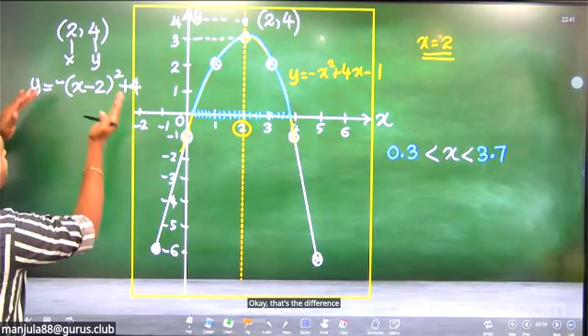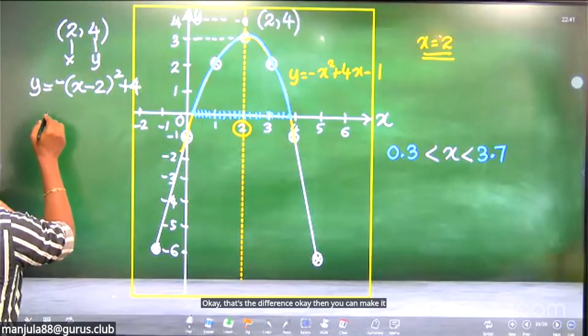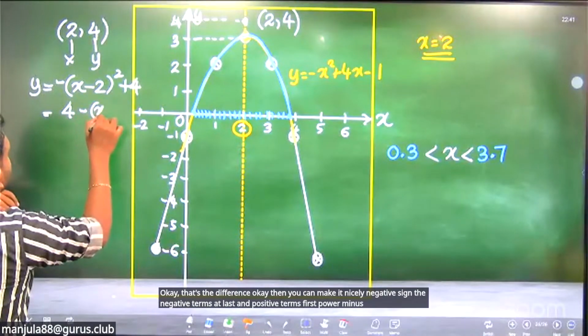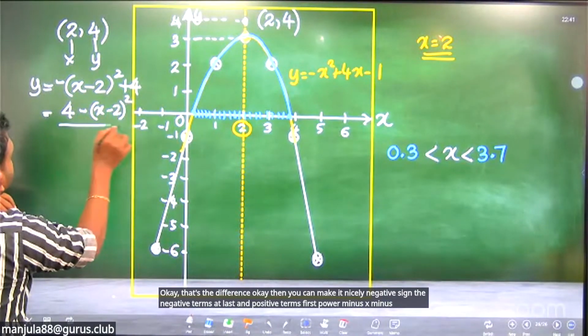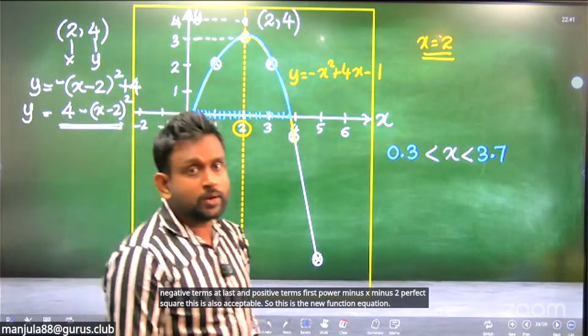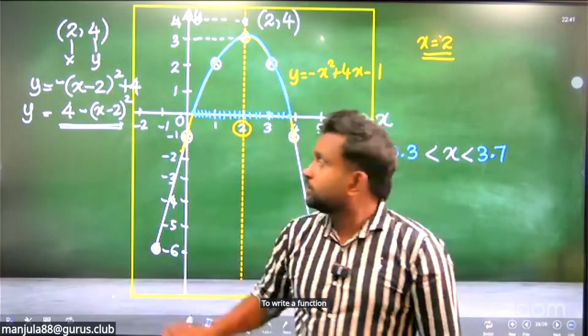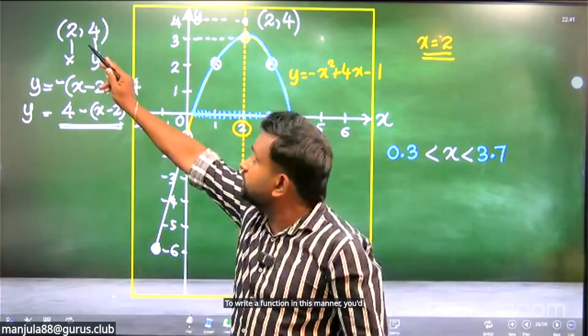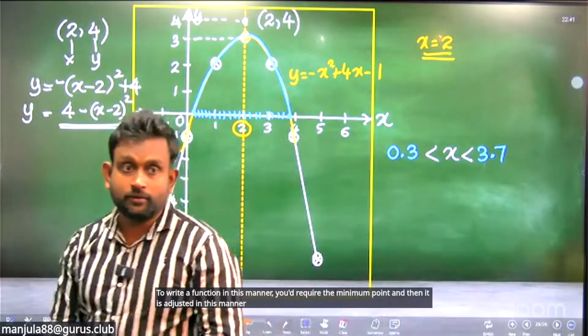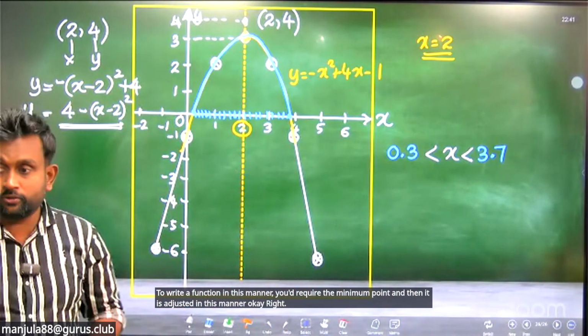Then you can write it nicely with the positive term first: 5 minus (x minus 2) perfect square. This is also acceptable. So this is the new function equation. To write a function in this manner, you require the turning point. Anyone any doubts, any questions?